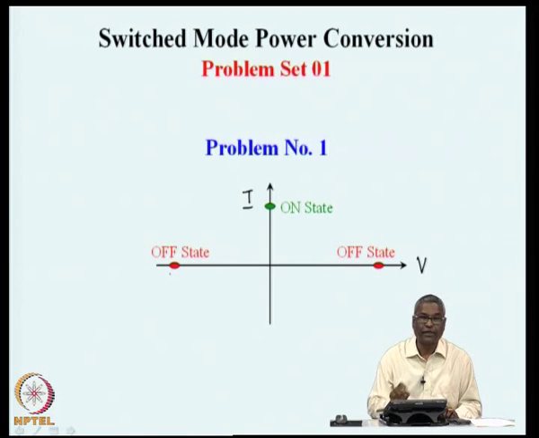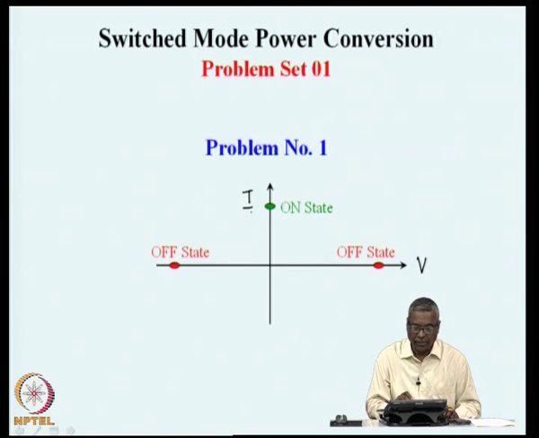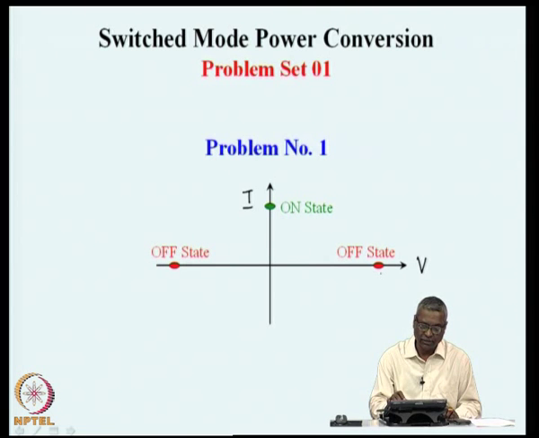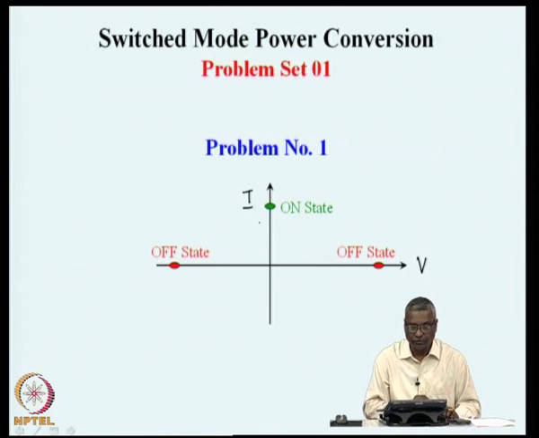There are two off state operating points, one with a positive voltage off state, that is a blocking positive voltage, one with a negative voltage off state, a blocking negative voltage, and then a conducting on state where the conducting current is positive current. Now, the problem is that if you wish to select an electronic switch which is capable of blocking positive voltage, blocking negative voltage and passing positive current, what kind of switch will you select?